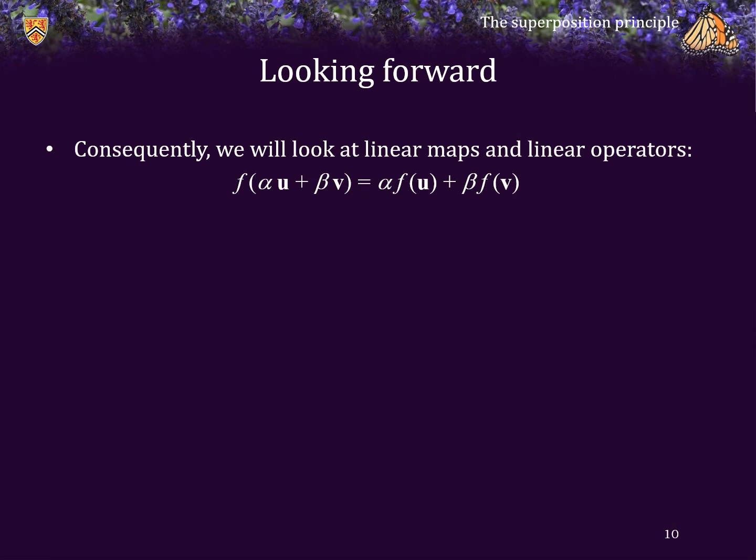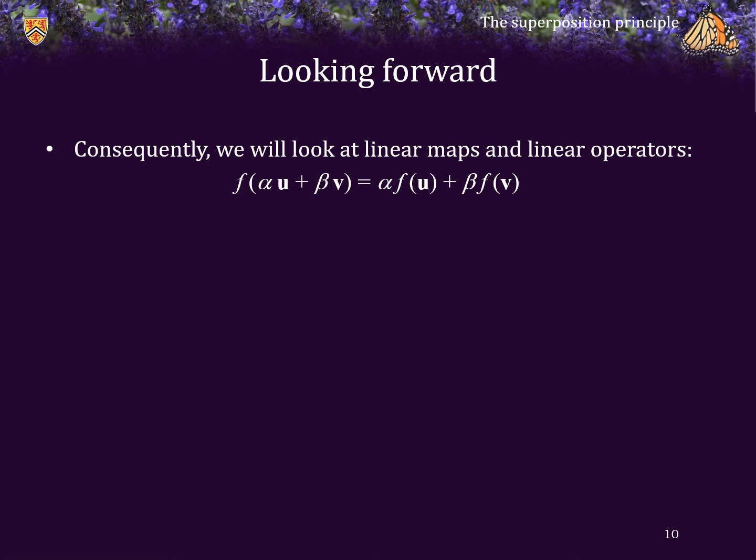So consequently, we are going to be looking at functions that behave as follows. We are going to look at all functions that, when applied to a linear combination of vectors, is equal to that same linear combination of the function applied to each of the vectors.